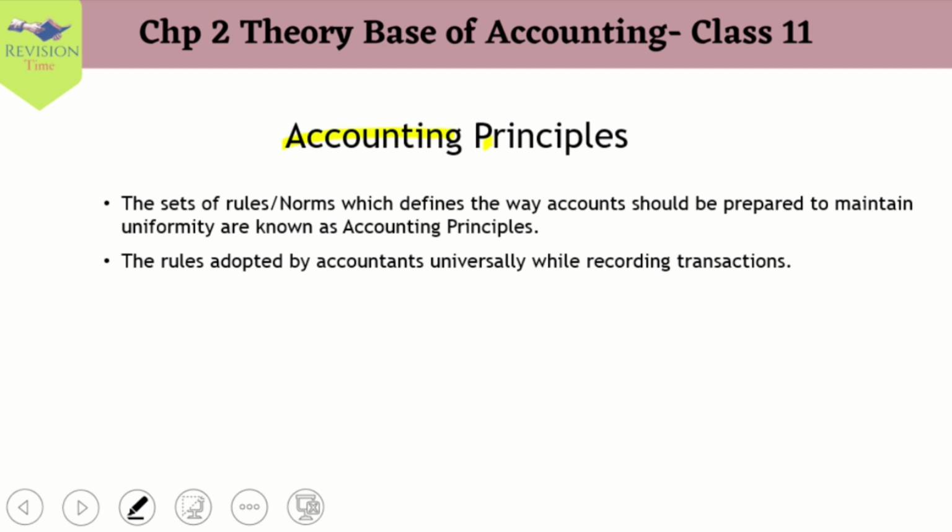Now the question is how this is achieved. This is possible only if the information in the financial statement is based upon some rules, policies and practices. So accounting principles are nothing but such rules based on which the accounts of a business entity are prepared.